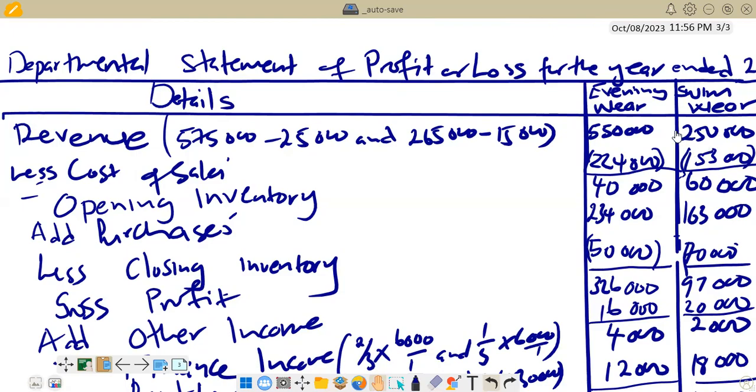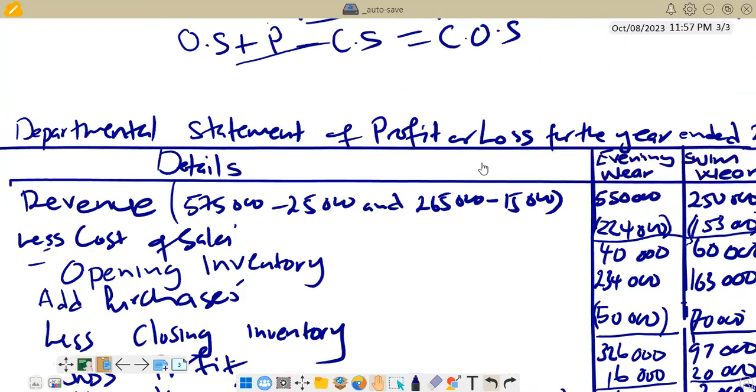So we can just do this: 550,000 plus 250,000 to get the denominator. If you add the two, 550 plus 250, you are supposed to get 800. You get 800,000. So this is going to be your denominator.